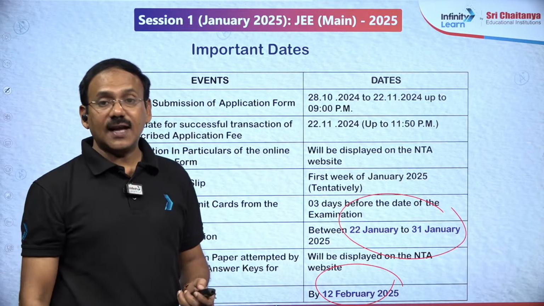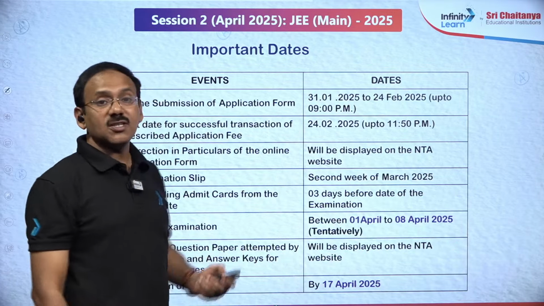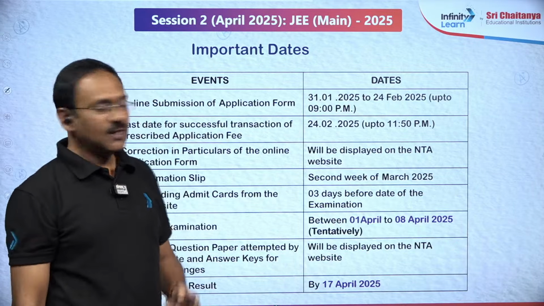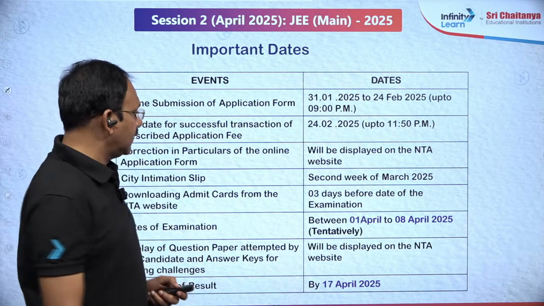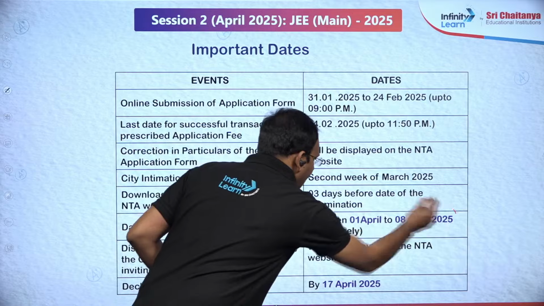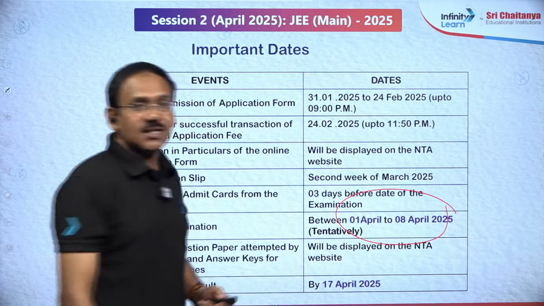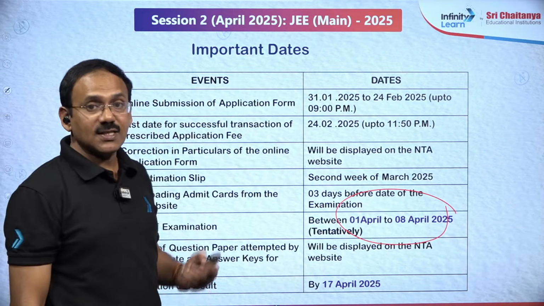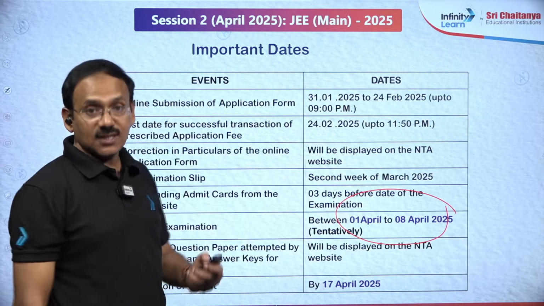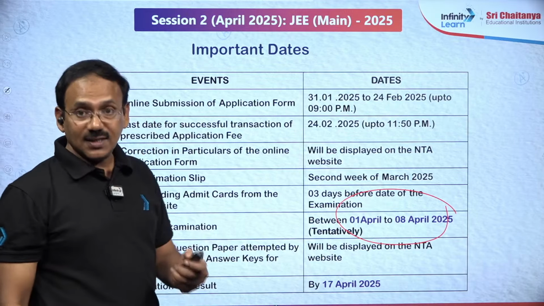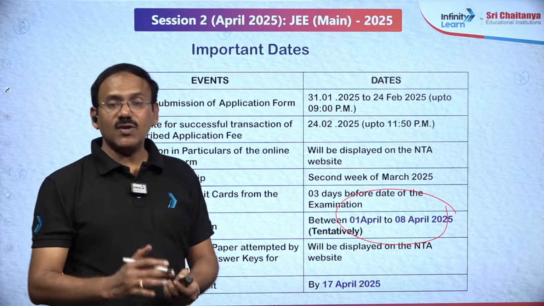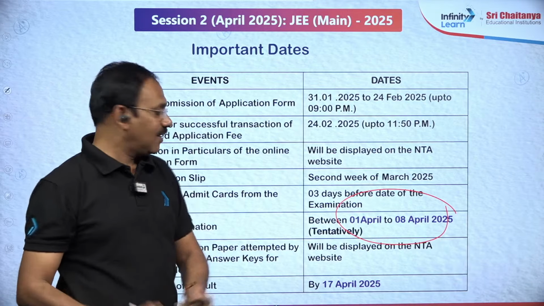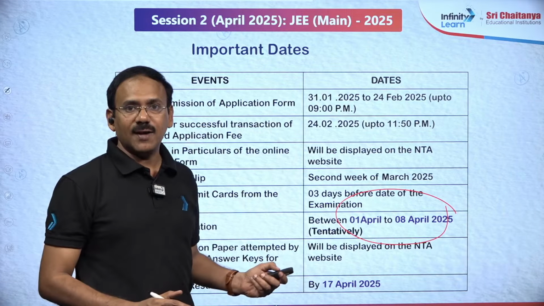After that, here I'd like to give some more information related to session 2 also. Dear students, tentative dates for session 2 are given as 1st April to 8th April. In these dates, NTA is going to conduct session 2. Generally it used to be the second or third week of April, but it is brought to the first week of April.